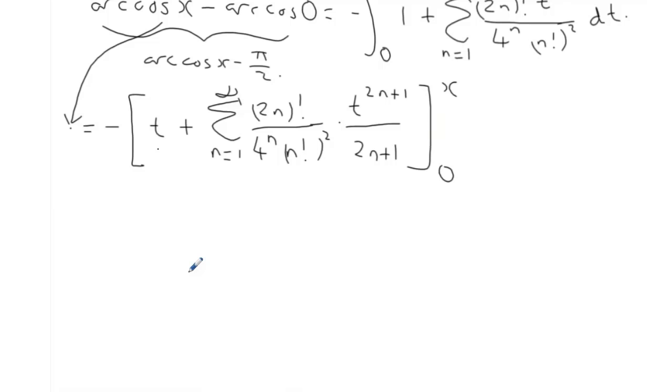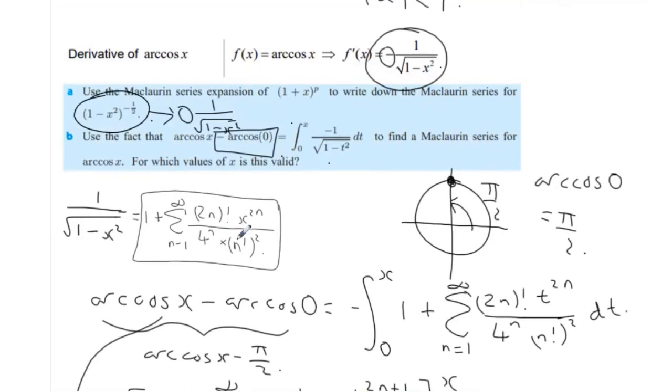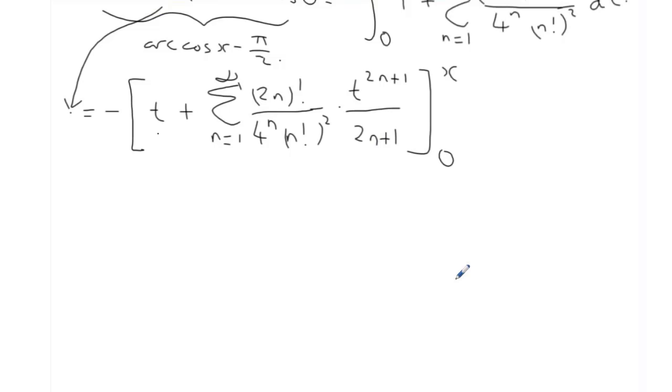Secondly, just think of what we've actually been asked to do. We've been asked to find a Maclaurin series for arc cos x. We do need to state which values of x is valid, but that's just going to be for the absolute value of x less than 1. So if we look at this, we know that arc cos x minus pi by 2 equals all of this. So arc cos x must be all of that plus pi by 2.